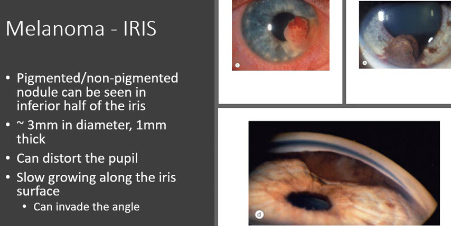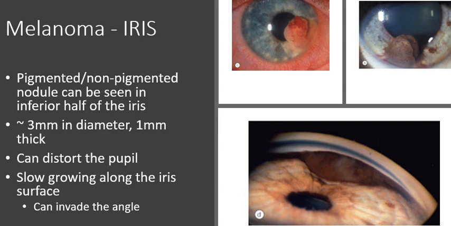Of all uveal melanomas, 3% of those will arise in the iris. So usually they have a good prognosis. However, about 5% of people who have an iris melanoma will develop metastases within 10 years. So unfortunately that will spread through other structures of the body.